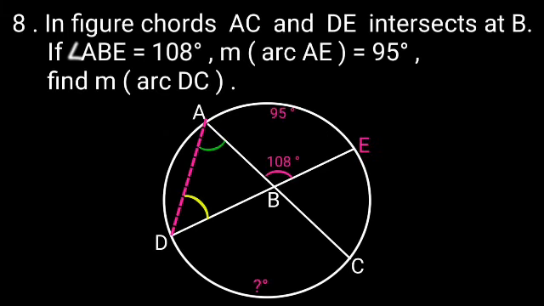Example number 8. In the figure, chords AC and DE intersect at B. If angle ABE is equal to 108 degrees, measure of arc AE is equal to 95 degrees, find the measure of arc DC.